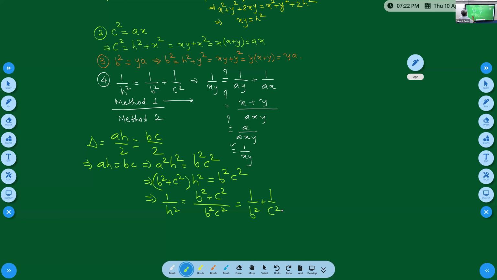All these four results put together, they are called a complete Pythagoras theorem.